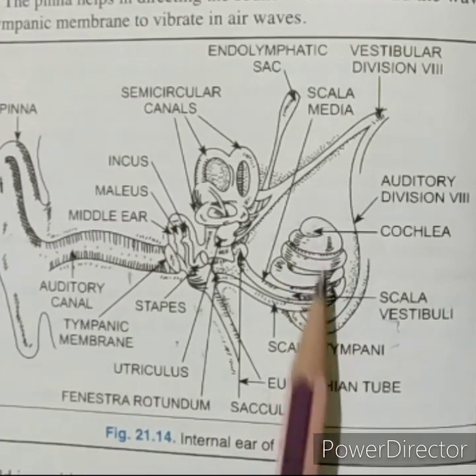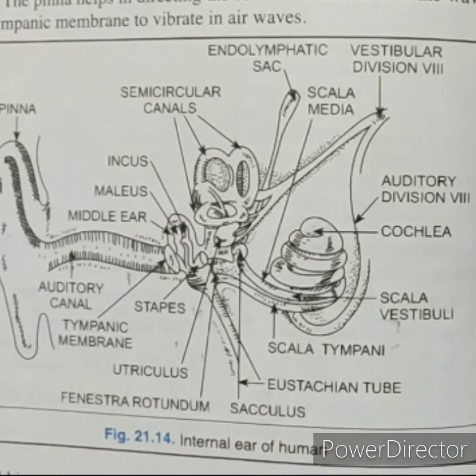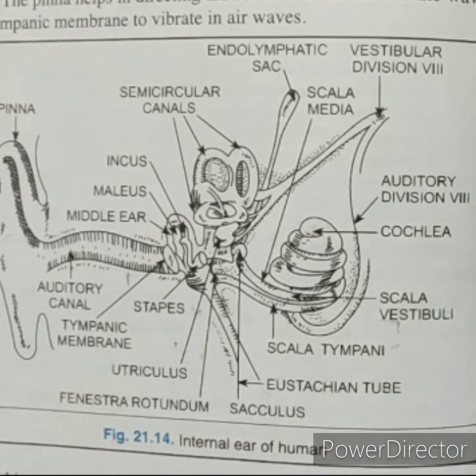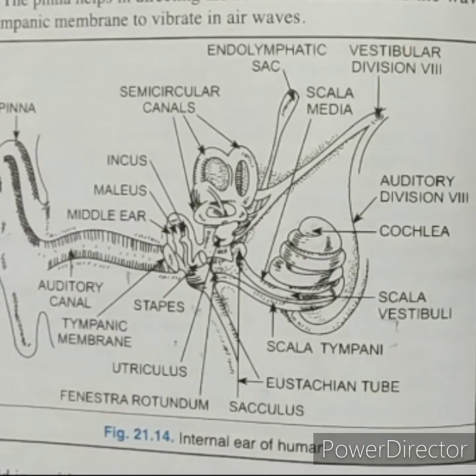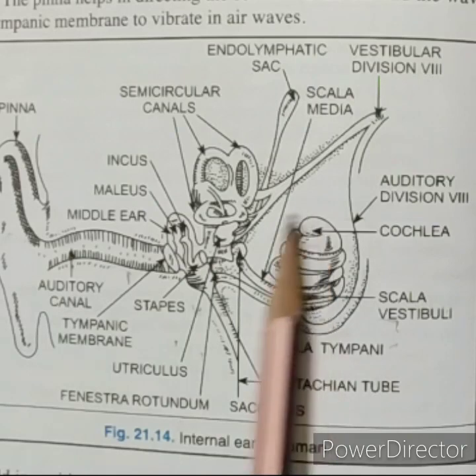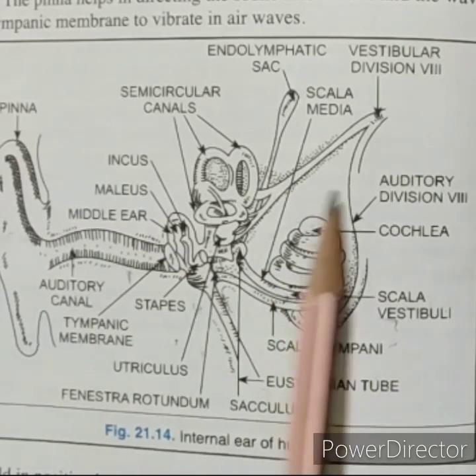The vestibule consists of three semicircular canals and two small sacs. The small sacs are the utriculus and sacculus. These two sacs are responsible for the sense of equilibrium. The cochlea is a spirally coiled chamber and is connected with sound reception.